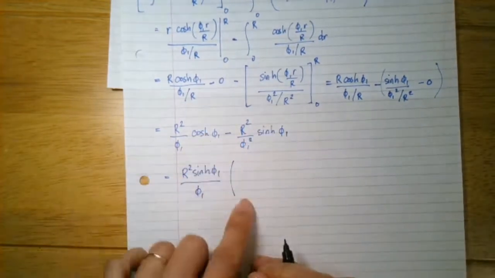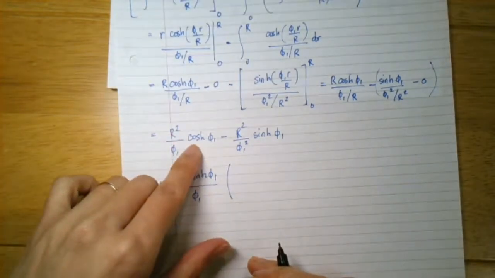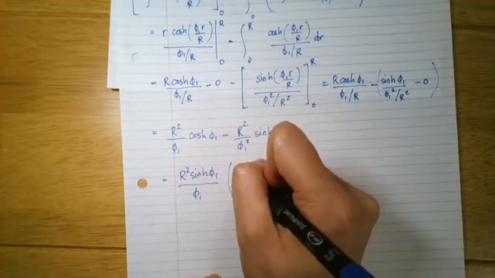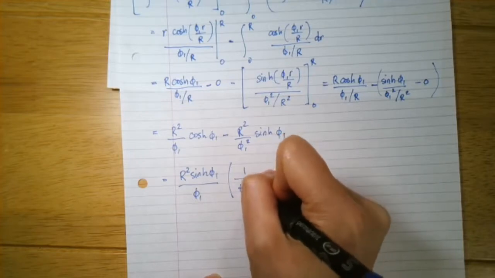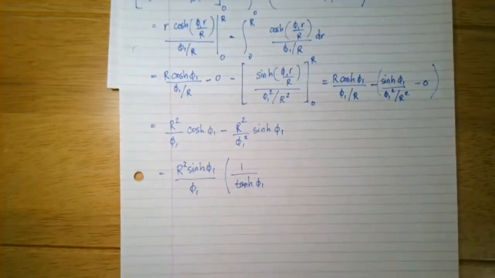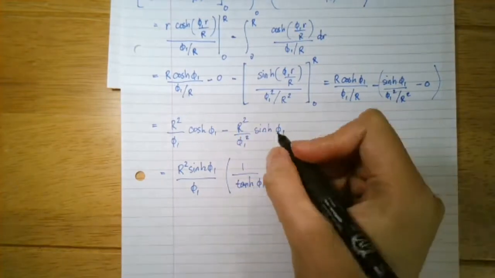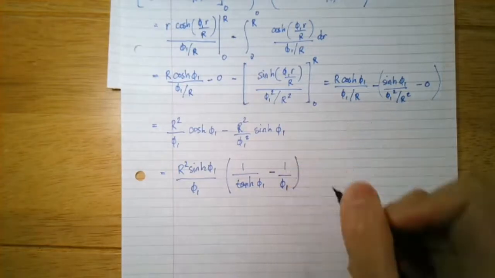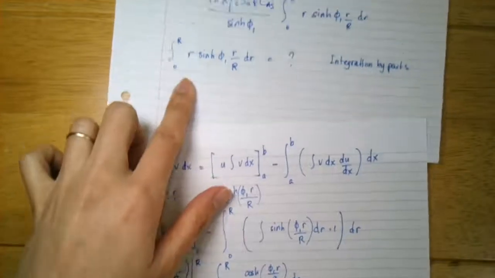So my first term will become cosh phi 1 over sinh phi 1, so I'll have 1 over tang phi 1. Minus, for this one, I'll only have 1 over phi 1. So this is the integral of this.